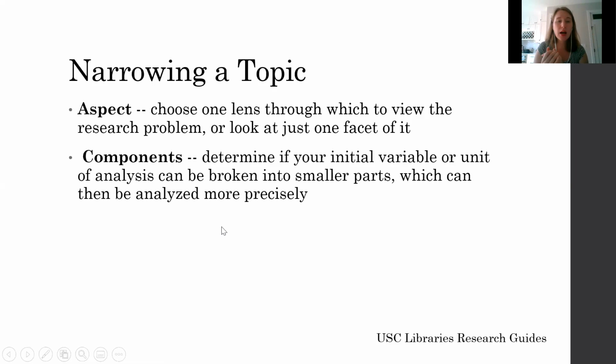Okay. Thinking about how your initial, I say variable, but basically your initial topic, how can things be broken into smaller parts? So for example, with my tobacco use example, tobacco use could be broken down into adolescent tobacco use, or you could break it up into just chewing tobacco or vaping or something like that.